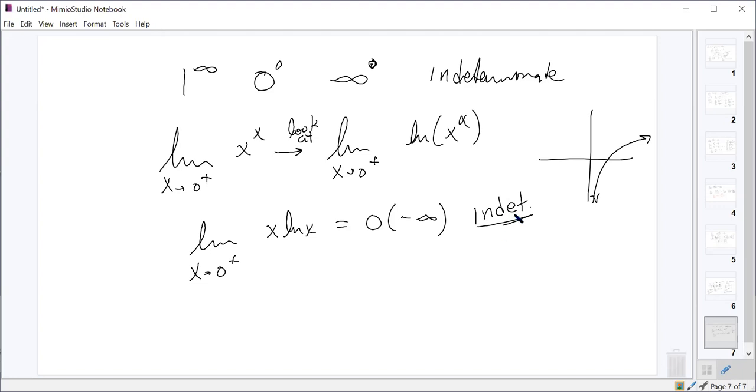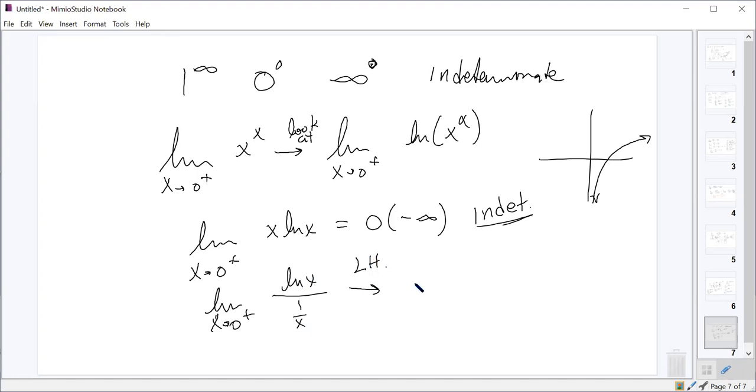Okay, so we had 0 times negative infinity, which we said is indeterminate. We can figure out how to deal with that, which should be pretty straightforward. We're just going to write this as the limit as x approaches 0 from the right of ln x, and then instead of times x, we're going to divide by 1 over x. Which gives us infinity over infinity, which means we can use L'Hopital's rule, which you will indicate once again that you're using.